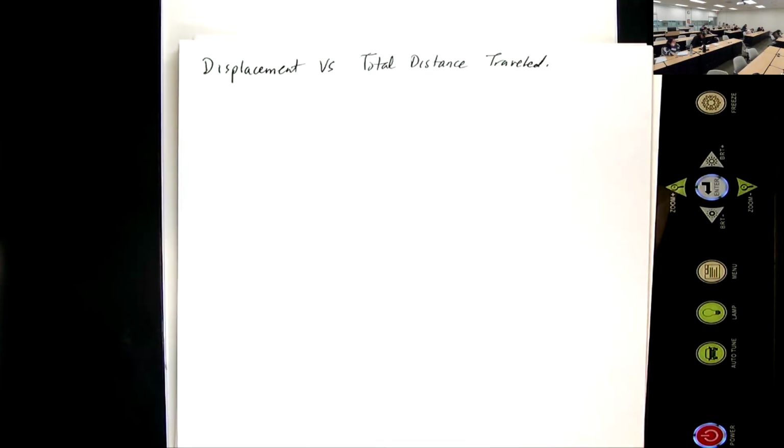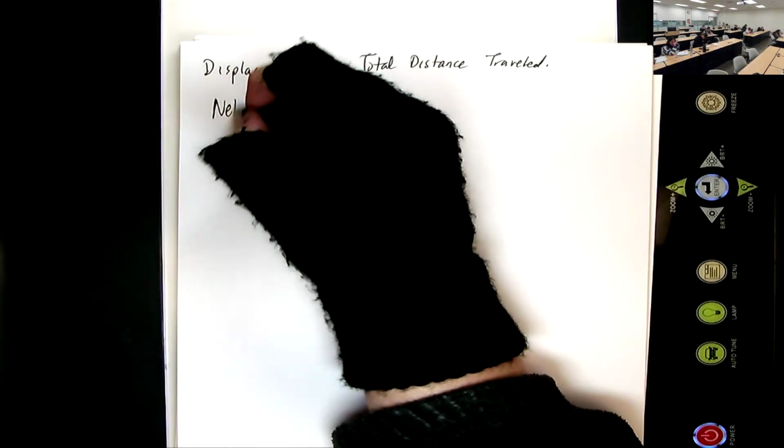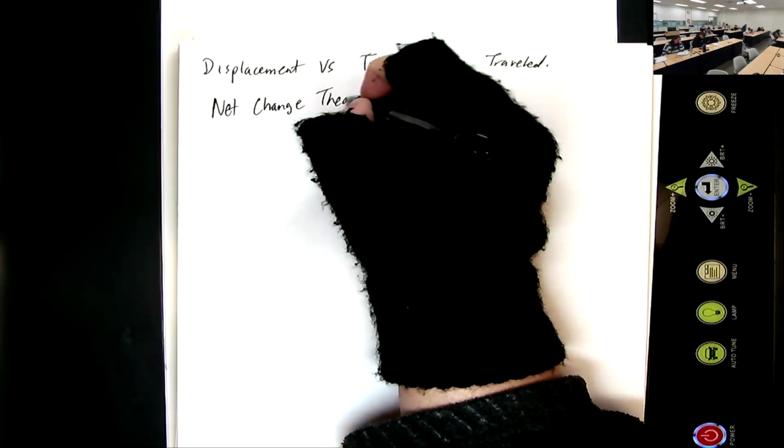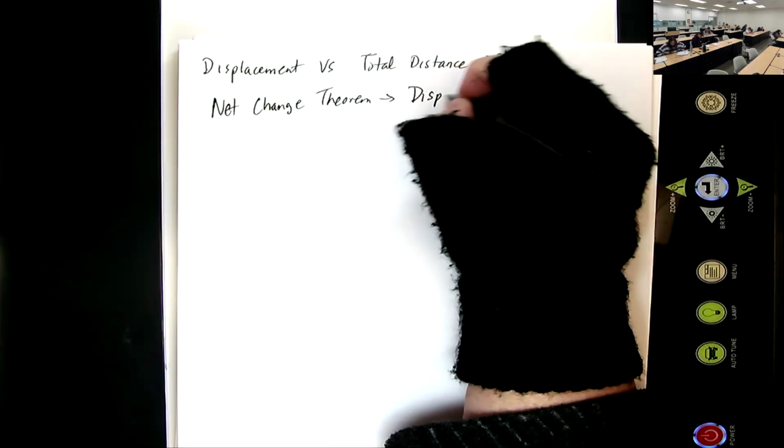This is like where you were in bed and how far you went yesterday. So the net change theorem actually gives us displacement, because that's your net change in position.